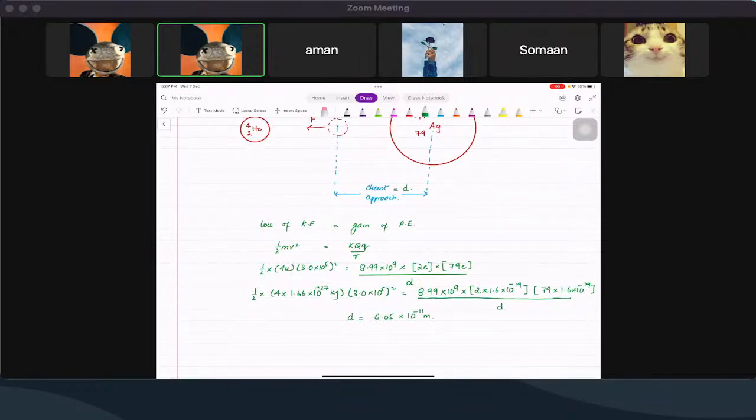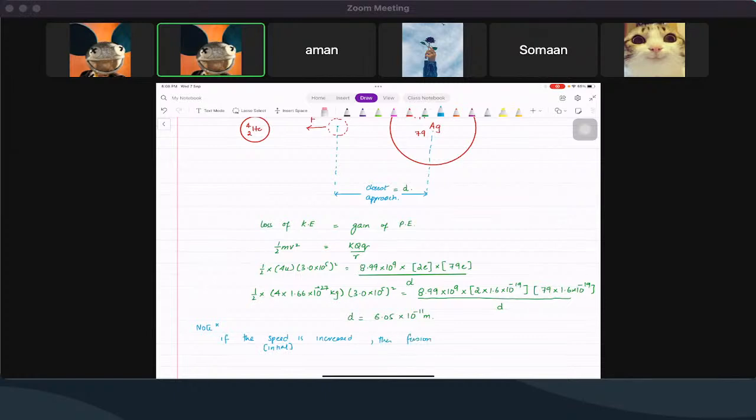Is it clear, everybody? Now, remember, just write a note here. You can check the calculation, please, and if there is a problem, let me know. So if the initial speed is increased, then fusion can take place.